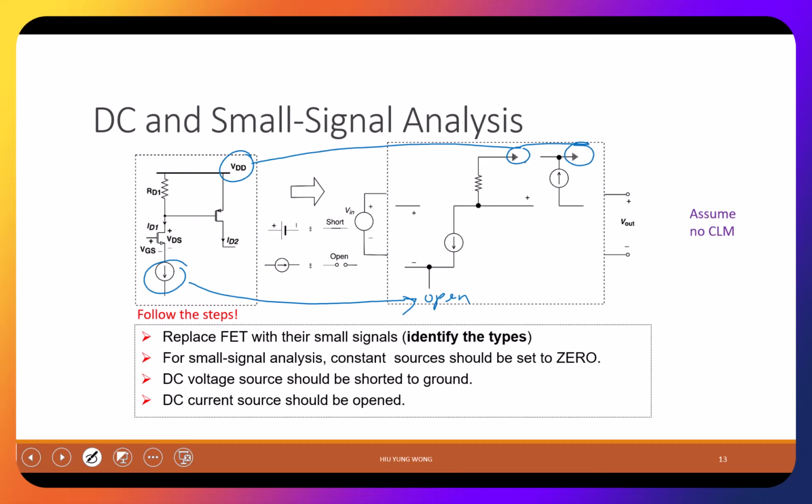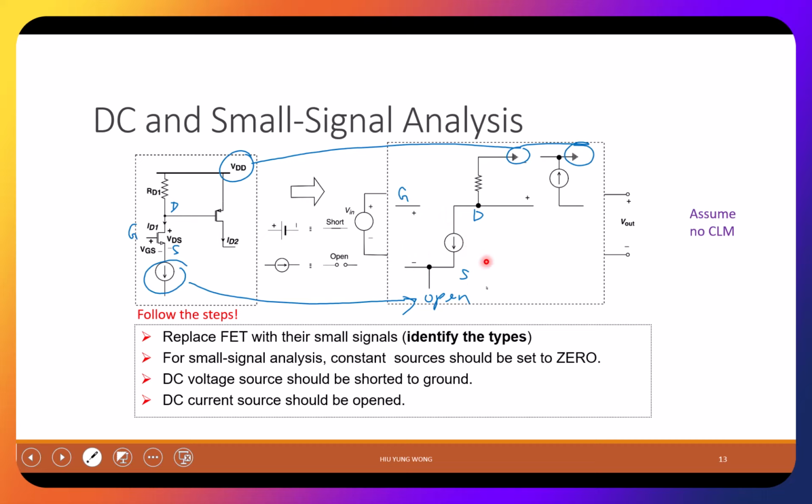Okay? Whether it works or not, that is another thing, right? And then what do I do? This is gate, this is drain, this is source. I put this as gate, source, drain. This is for MOS. This is the model I gave you earlier.